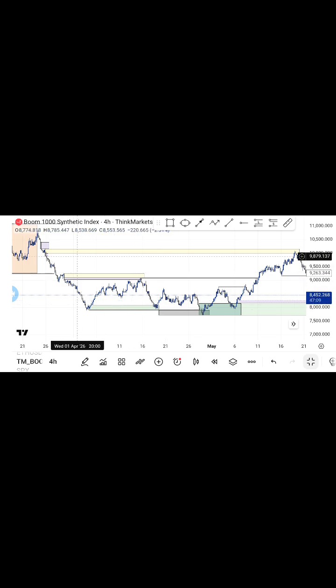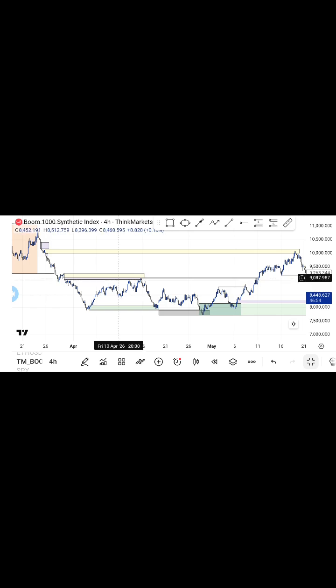But here we have some imbalance. We have this imbalance. This is our order block. We have this imbalance, and this imbalance. This is our 4 hours time frame. We also have this imbalance, and we have this order block here.